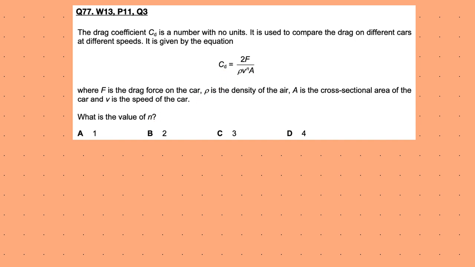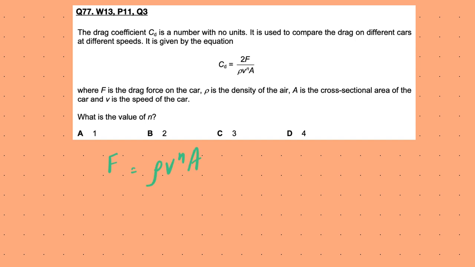So on the left hand side, CD has no units, right? In the context of this question, if this has no units, and I will be using base units to talk about this, I can ignore this just as I would ignore this too. So if I ignore these, I can actually just rewrite my equation like this.